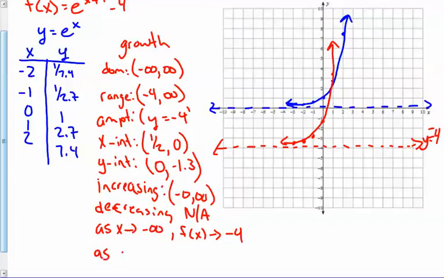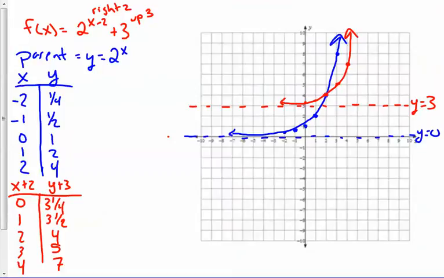And as x approaches infinity, meaning on the right side, f of x is approaching positive infinity. And that's the kind of information that you'll have to give us by analyzing the graphs. You should be able to look at the graph and be able to tell all of those things, which are things we've worked on since the very first unit.